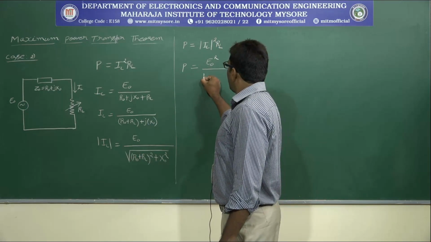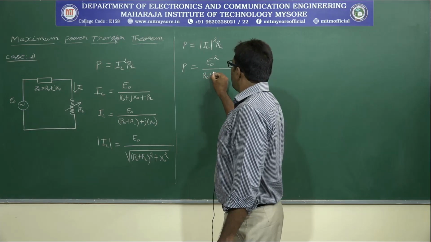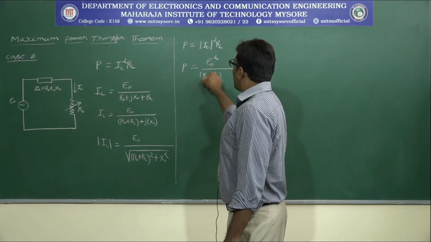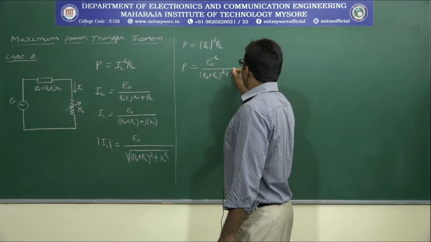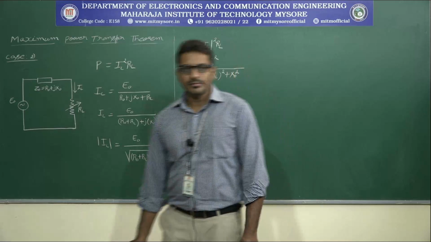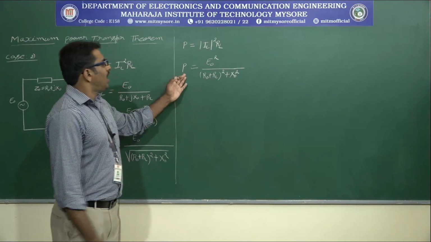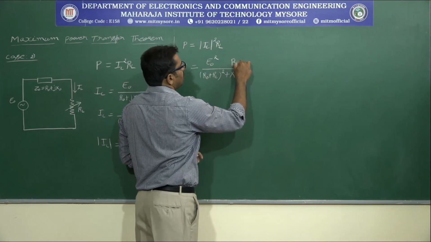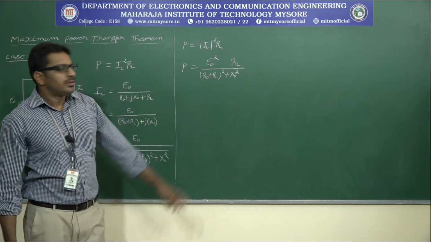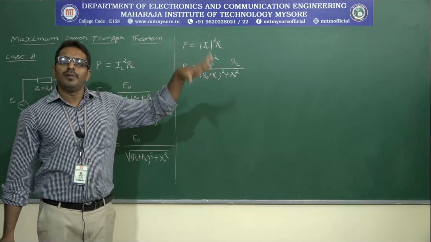Then what is remaining? (R0 plus RL) square plus X0 square. Is that clear? So this is the power into RL, the amount of power received by the load.